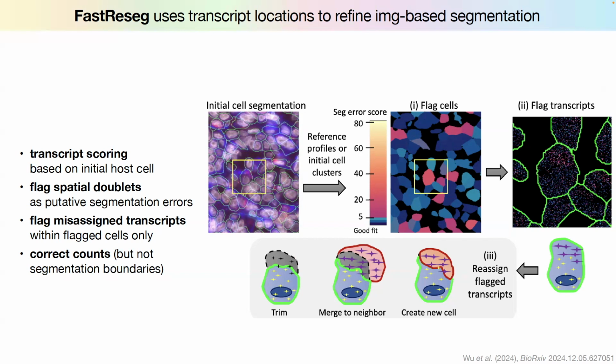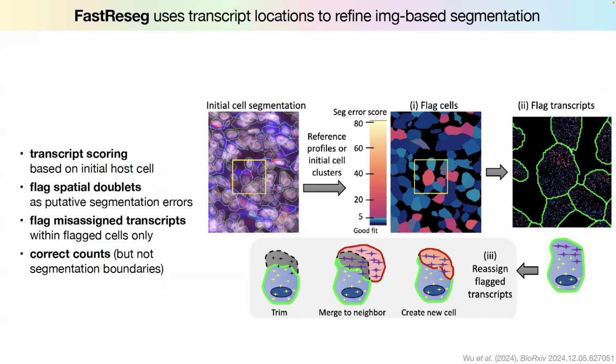And for the problematic cells then, we look for transcripts that don't align with the reference. So if our reference has very clean B cell and macrophage populations, right? We shouldn't be observing mixtures of these two ever. So we first flag cells, we then flag transcripts that don't belong to the cell, and we can then have different solutions.